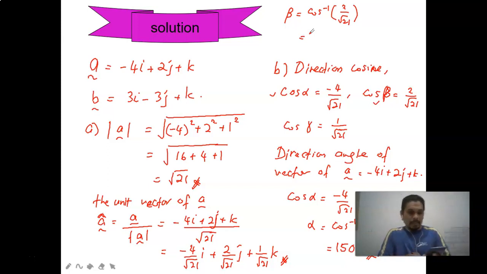Press equal. What do you see on the screen here now? It gives us 64.1.